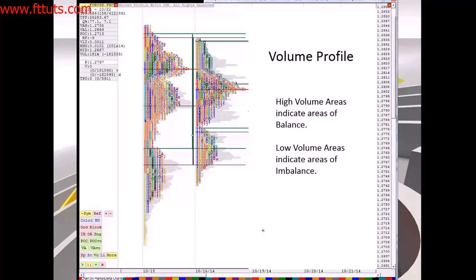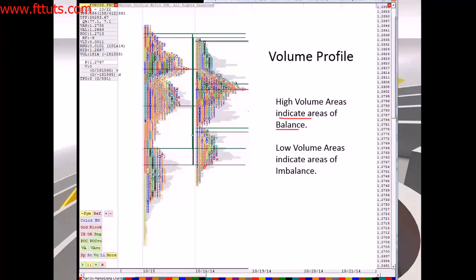Well, high volume areas indicate areas of balance, areas where both the buyer and the seller were willing to conduct high volume transactions. So there was a lot of activity. In this area here, when you take a look on this profile, look at all these heavy bars, these bars that extend out, high volume areas.